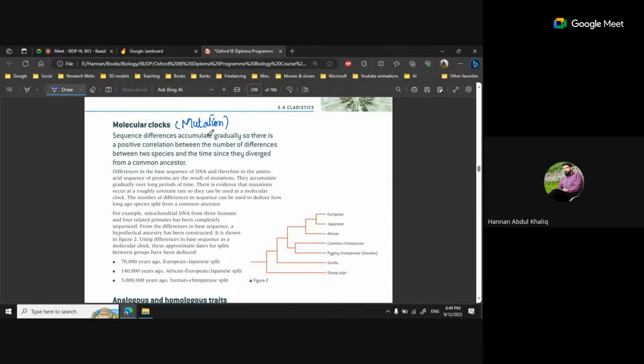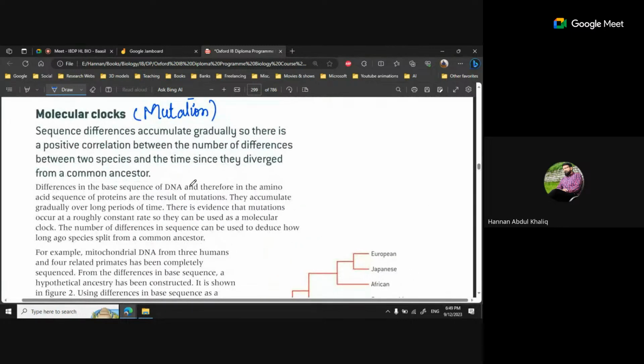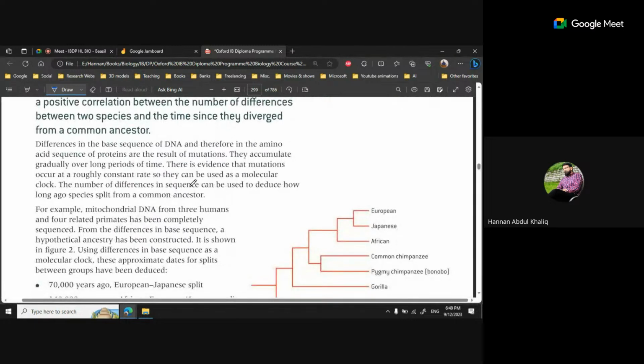Let's say there is something written over here. If I find it, they are mentioning that the mutations accumulate gradually over long periods of time, and there is evidence that mutations occur at a roughly constant rate, so they can be used as molecular clocks.